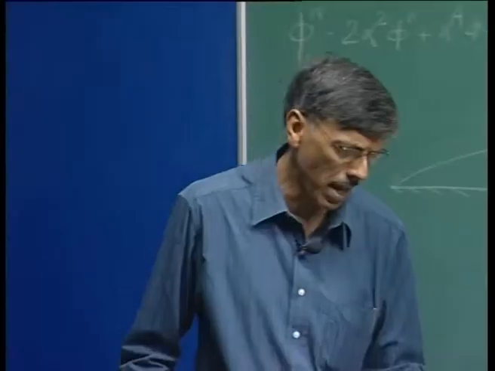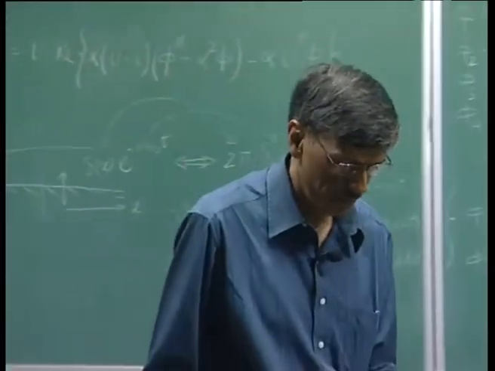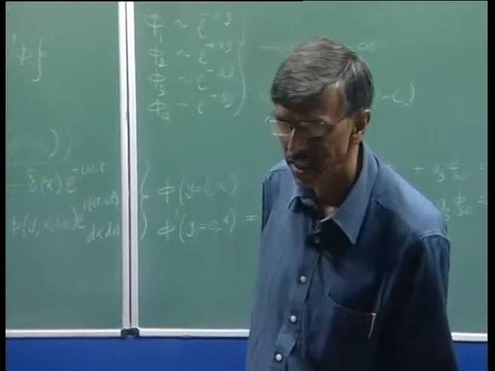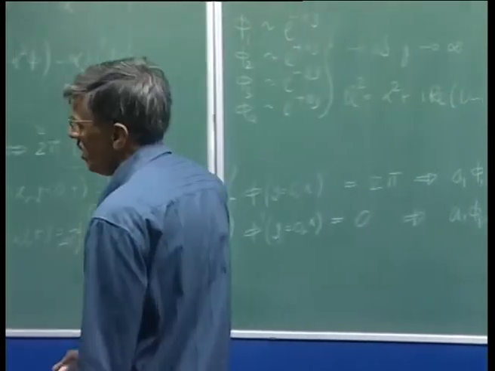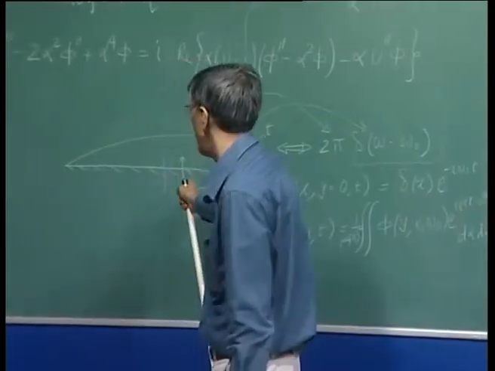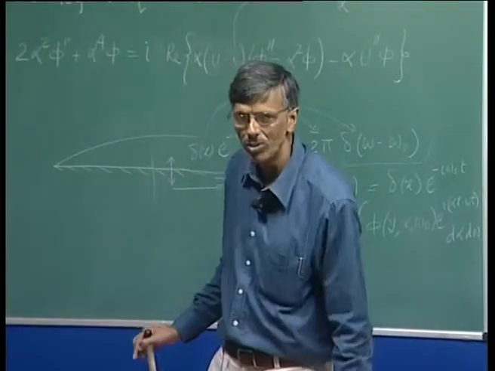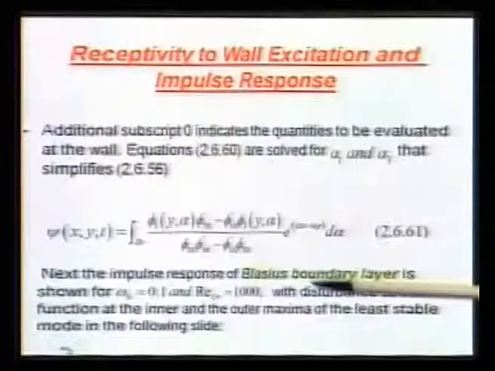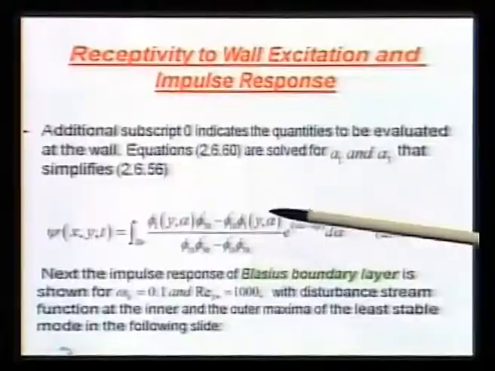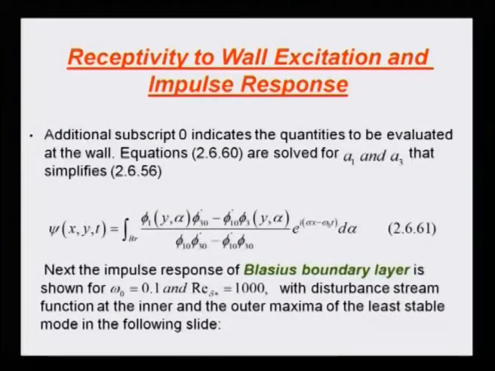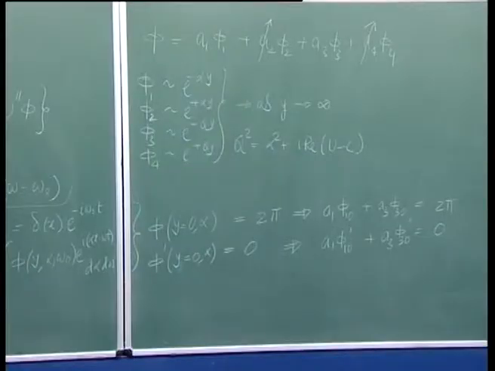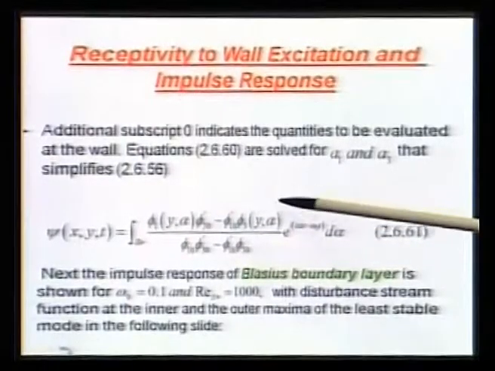That is why I am saying that the wall normal component of velocity and the stream function have the same structure, and since we are putting in some kind of a mass source, it is better that we work on psi, and that is what we have done, and solve for A1 and A3 and plug back the whole thing, and this is what you get.